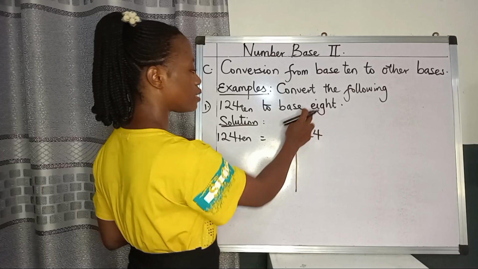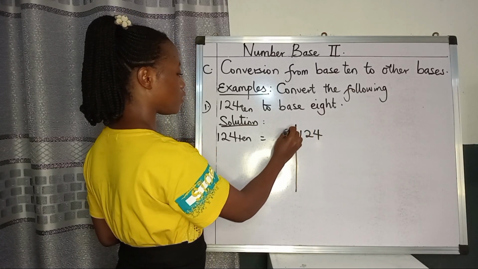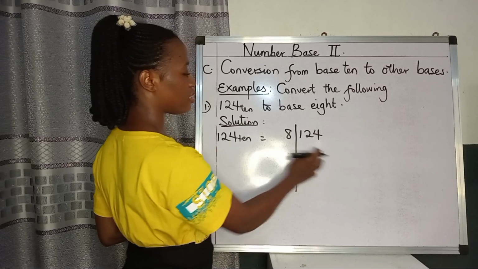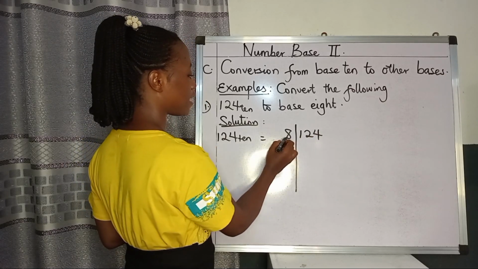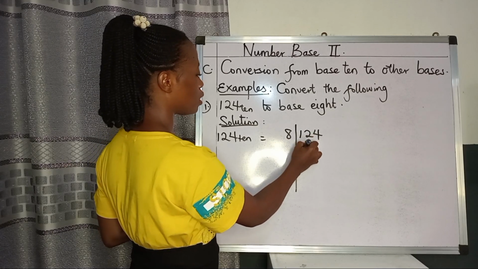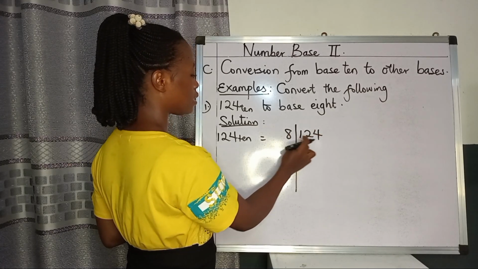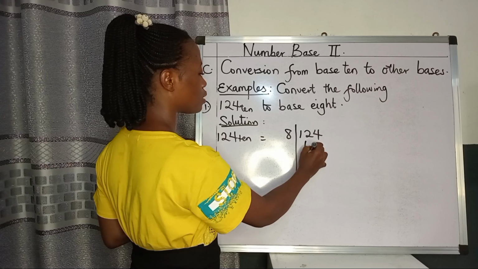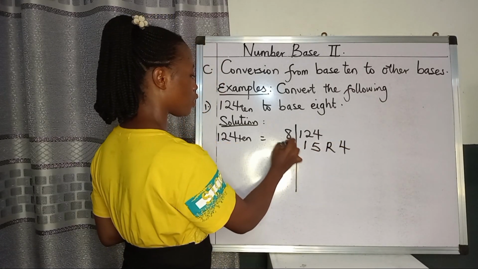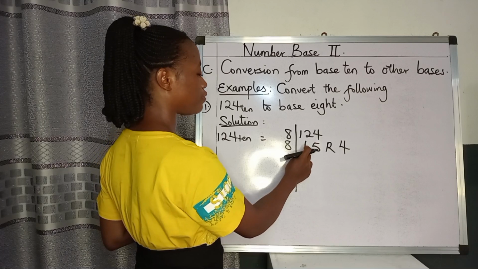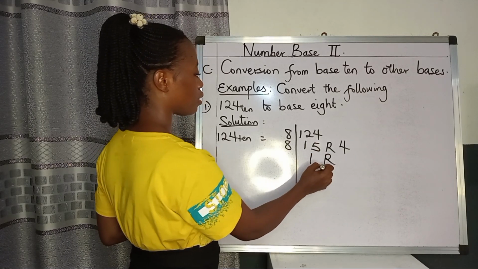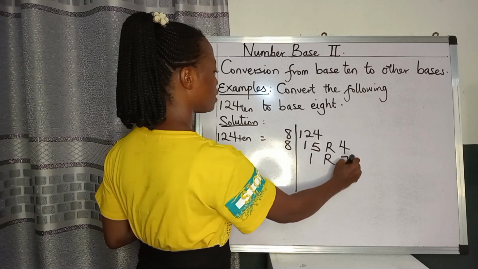The required base is base 8, so I'm using 8 to divide 124, and in each case I drop the remainder. 124 divided by 8: 8 in 1 is not possible. 8 in 12 is 1, remainder 4. Now 8 in 44 is 5, because 8 times 5 is 40, then remainder 4. 8 will divide again. 8 in 15 is 1, remainder 7.